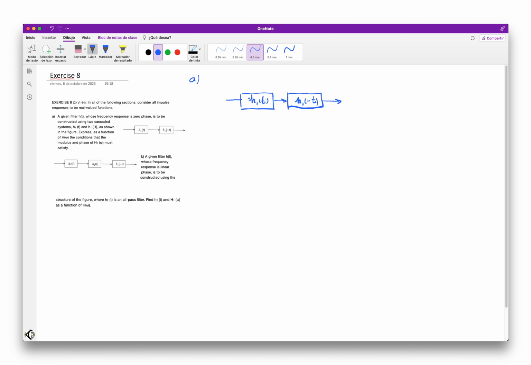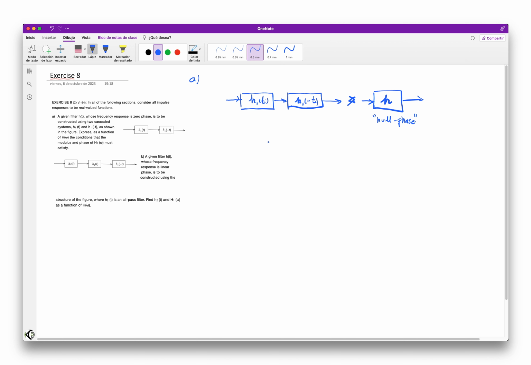This is what we are given, and they ask us to select h1 of t in such a way that this system is equivalent to a single system with impulse response h, and it has to be a system which has a null phase. We will soon see what this means.